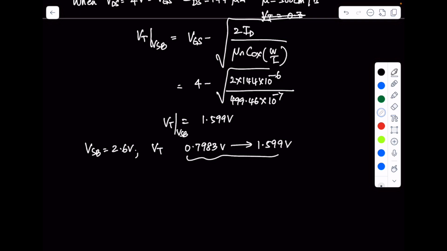So to find the body coefficient, I know that my delta Vt can be written as gamma into square root of 2 phi f plus VSB minus square root of 2 phi f, right?